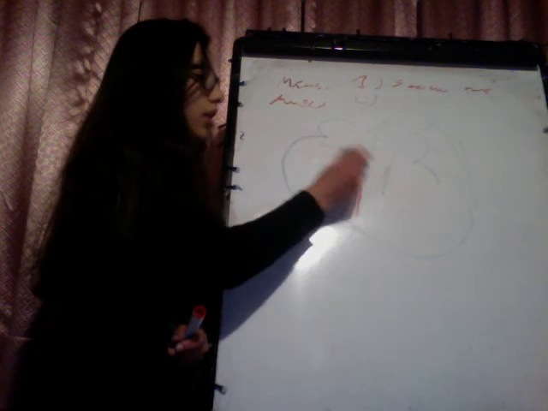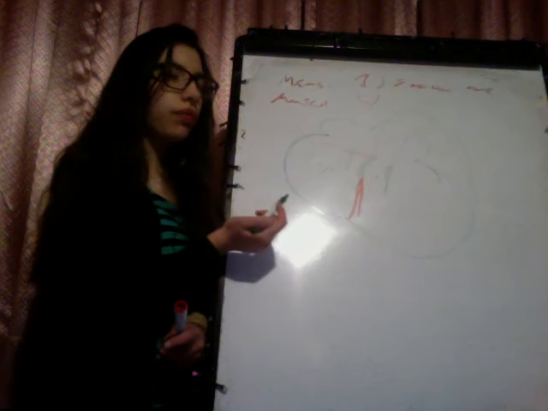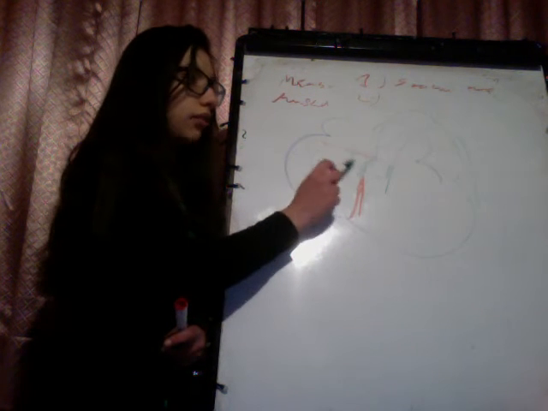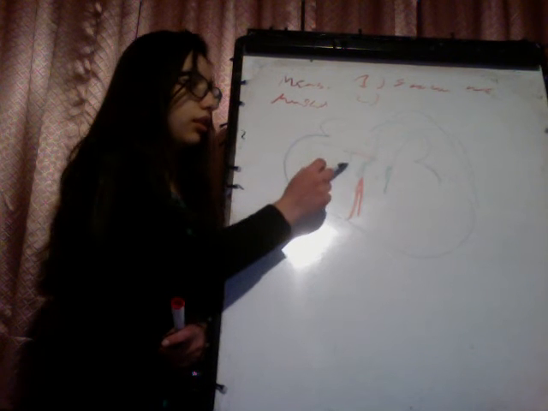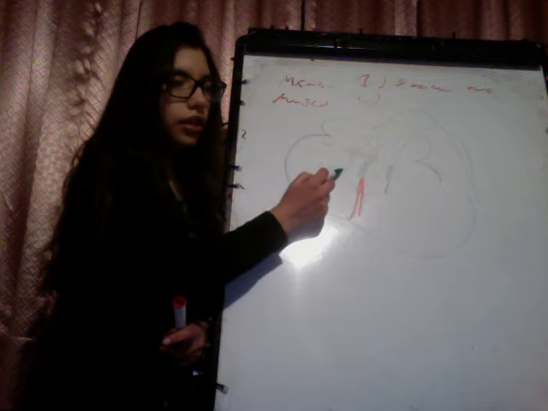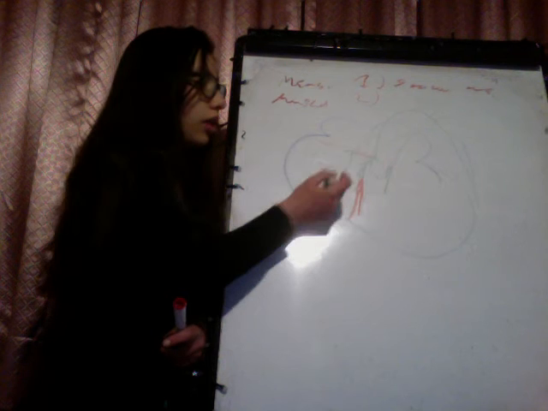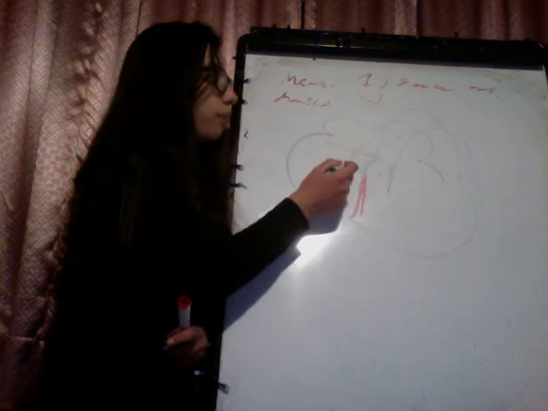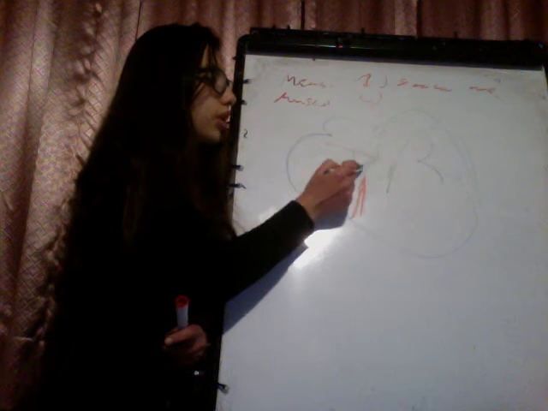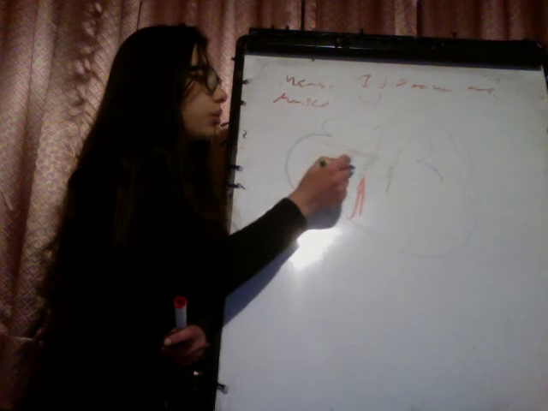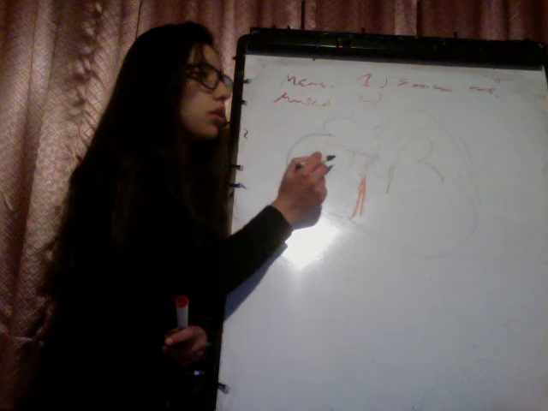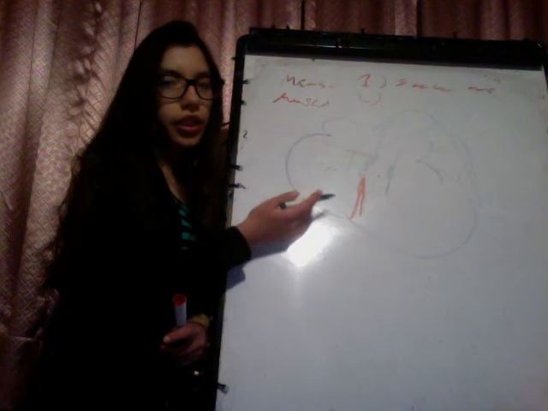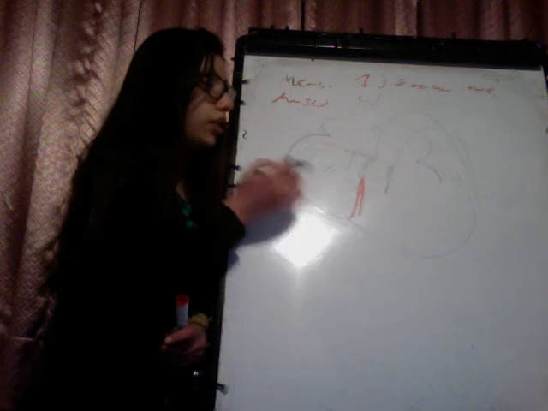This spiral of this artery, this interarterial septum, contributes to the membranous septum. Also, we have contribution from the endocardial cushions and other conotruncal ridges of the ventricle and stuff like that.